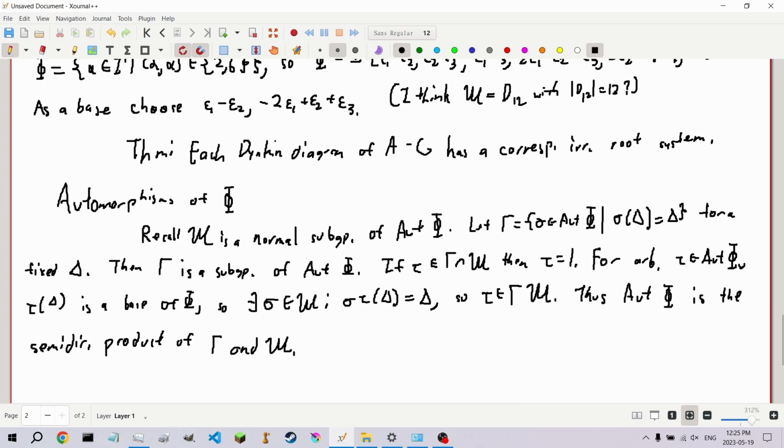Okay. For all tau in our automorphism group, and alpha and beta being roots, we have that the angle bracket of alpha and beta is the angle bracket of tau of alpha and tau of beta.